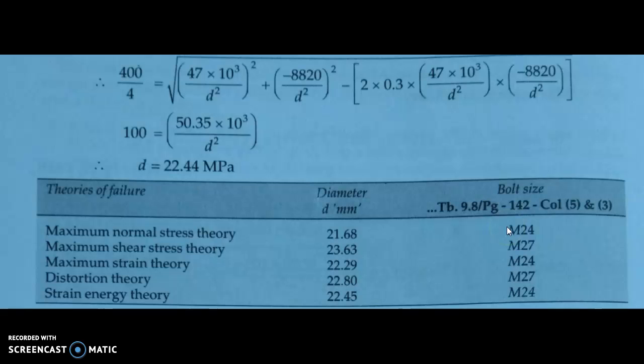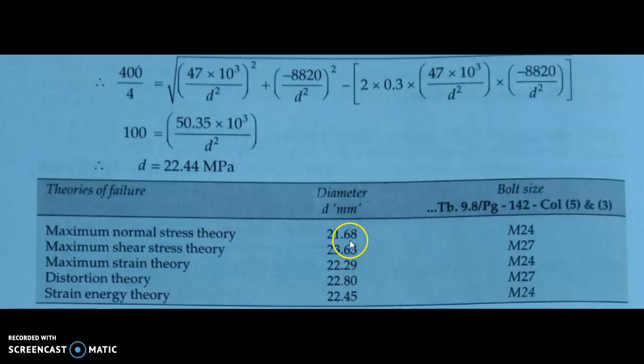How can we change it? Take page number 142 in your data book, and table 9.8. In that table the standard diameters are given, and according to that table the size code is also given.